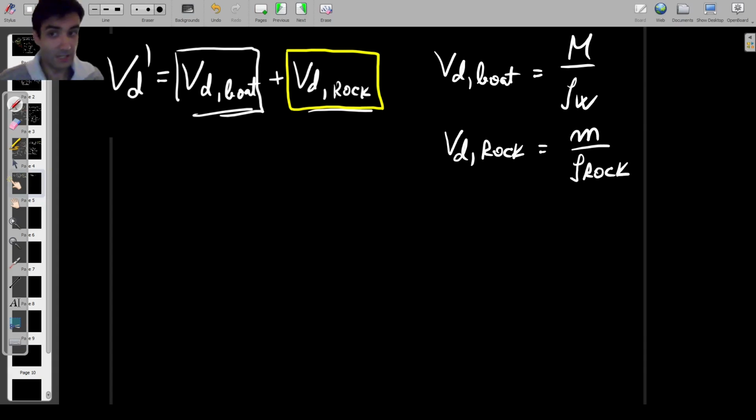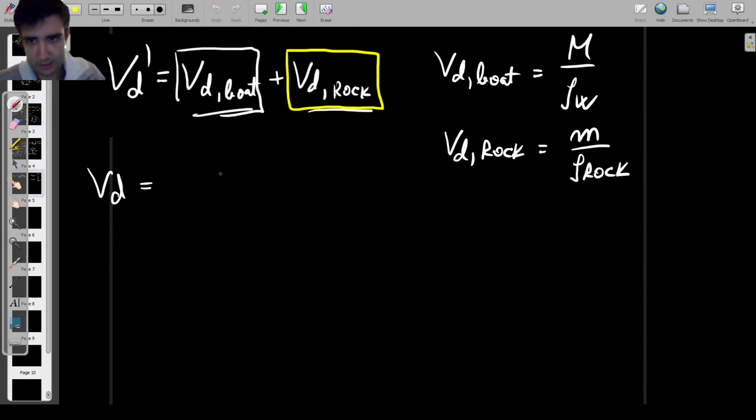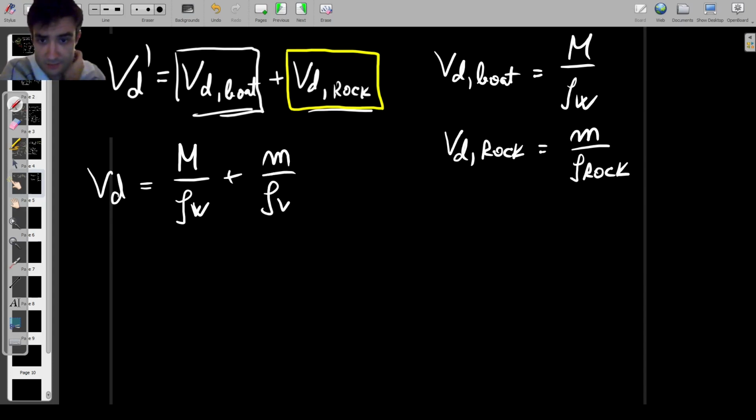Now, in the first case, when everything was in the boat, the displaced volume of the boat and the rock, everything together, was what I call equation 1. So that is the mass, capital M, over the density of the water plus small m divided by the density of the water.